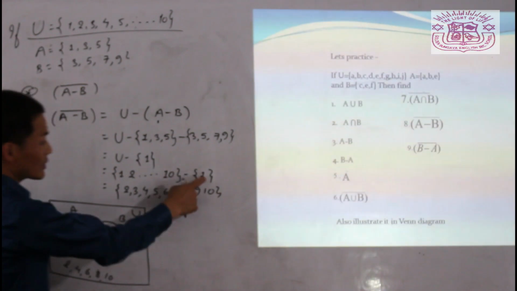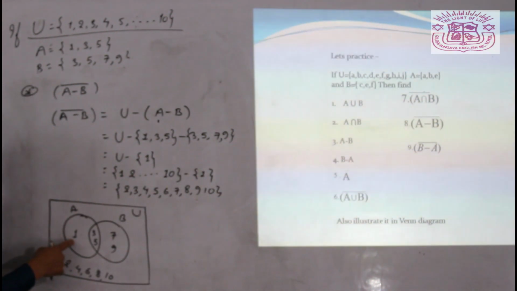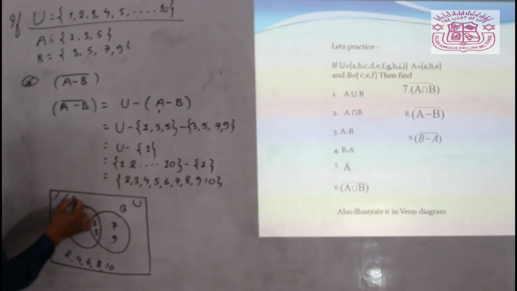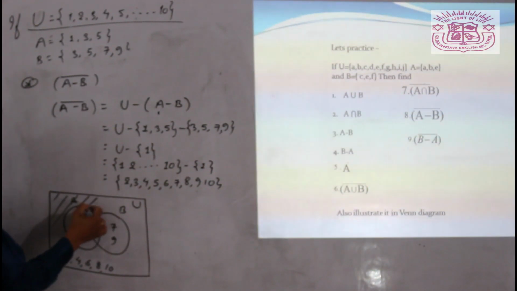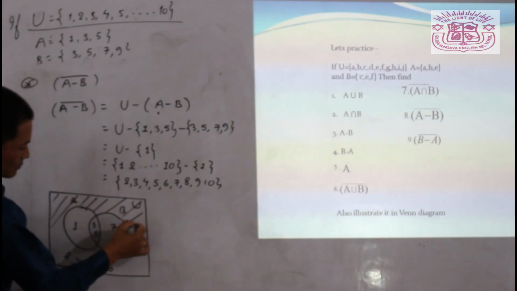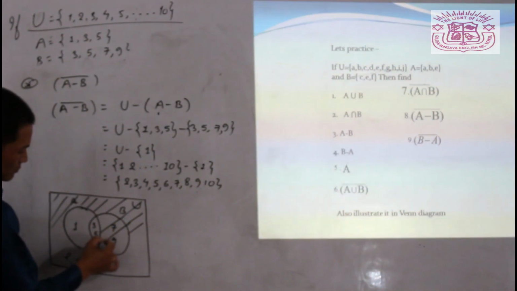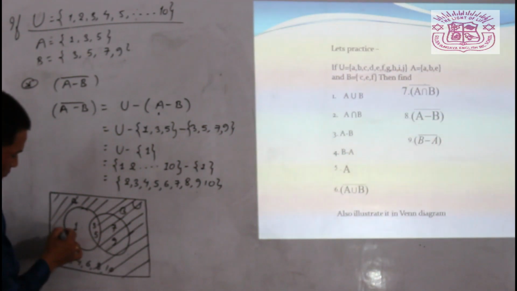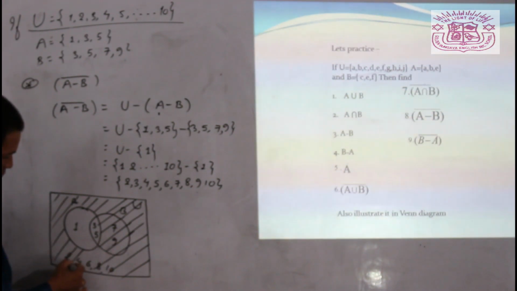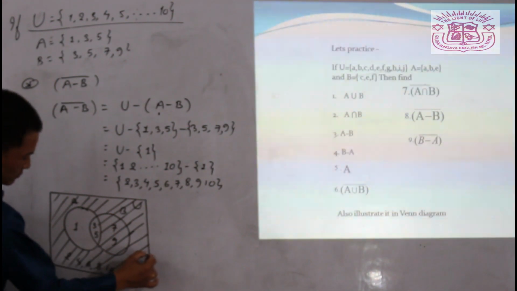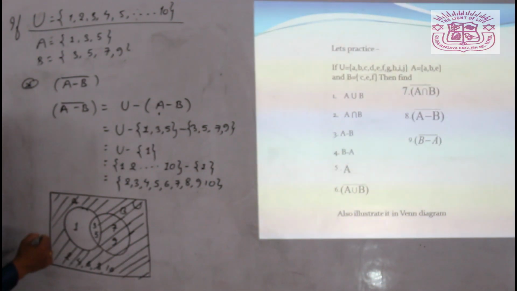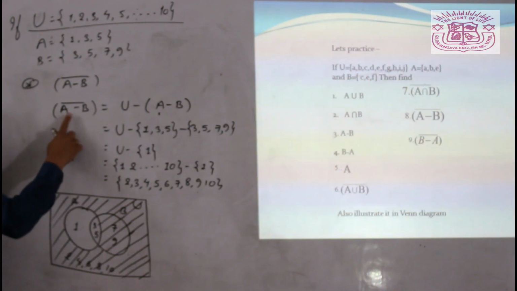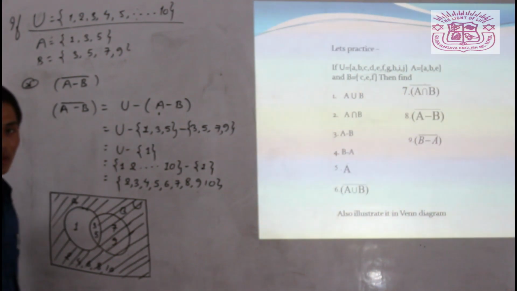It means except 1, this one part, we make the shadow everywhere like this. We don't make the shadow in this part. This is the Venn diagram for A minus B complement or A difference B complement.